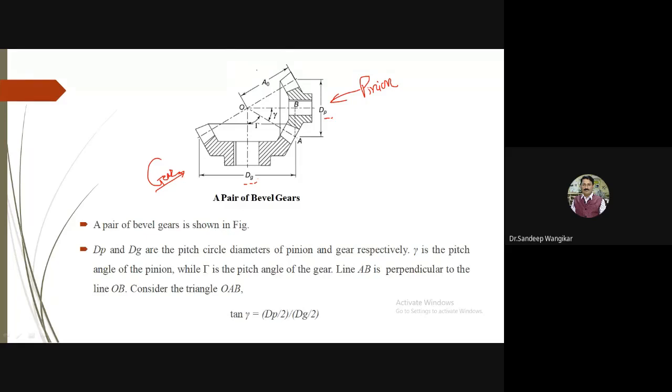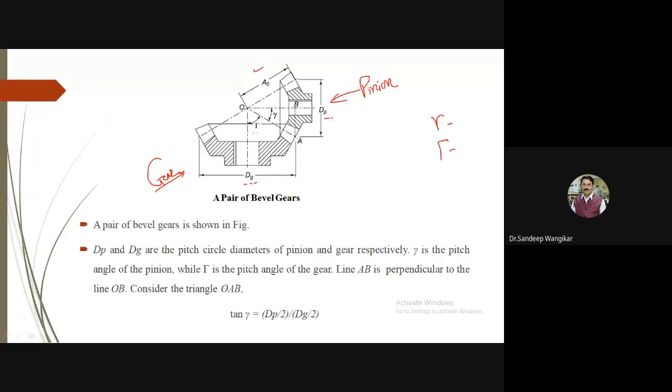A naught is shown as the cone distance. Now gamma is the pitch angle, and again this is also gamma, which I will call the capital gamma. Whatever we refer to in terminology as smaller gamma, and in terminology this is called the capital gamma. So both are gamma only.